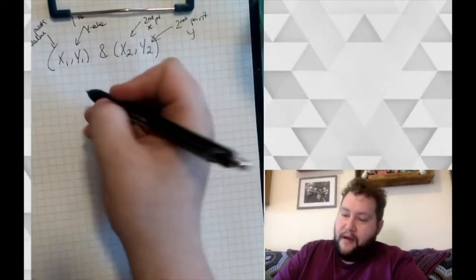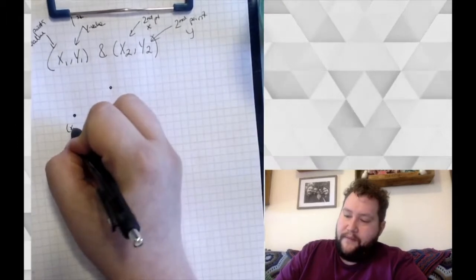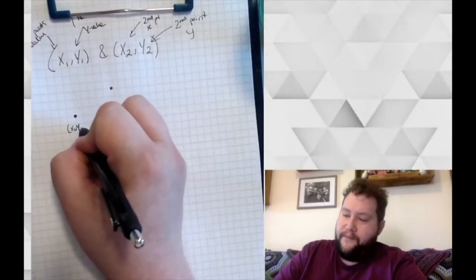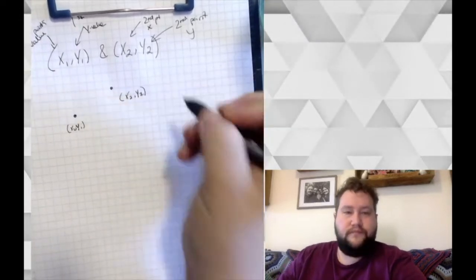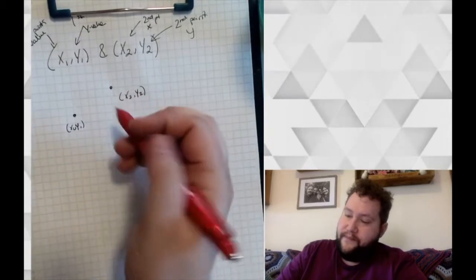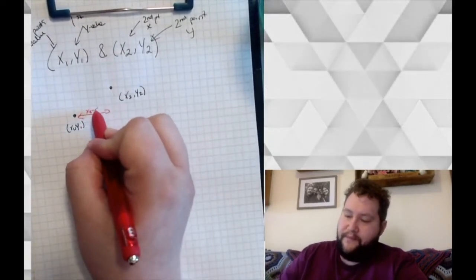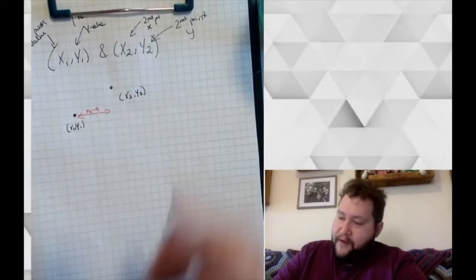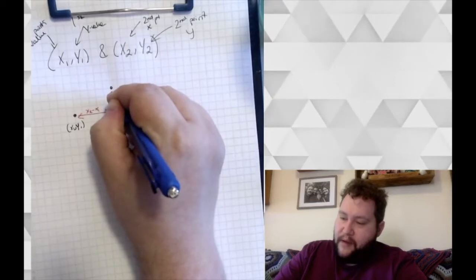So wherever they are, x1, y1, and x2, y2, we know that that horizontal distance is x2 minus x1, and we know that that vertical distance is y2 minus y1.